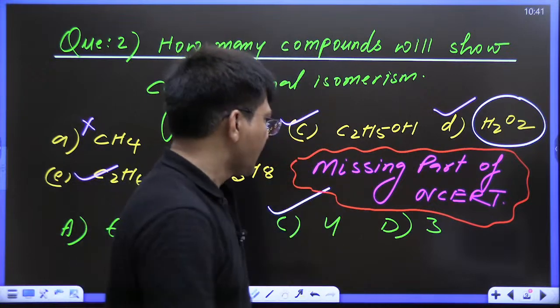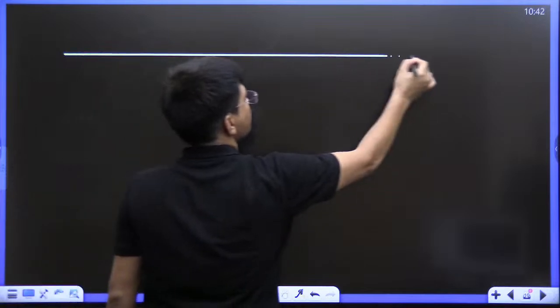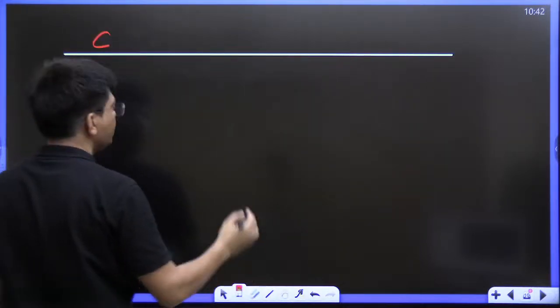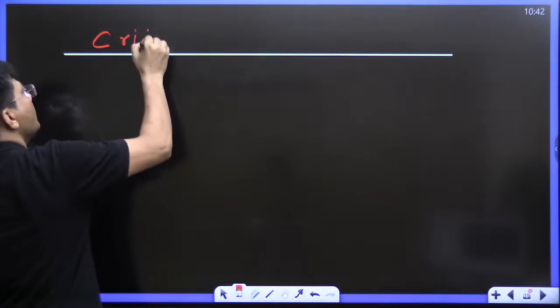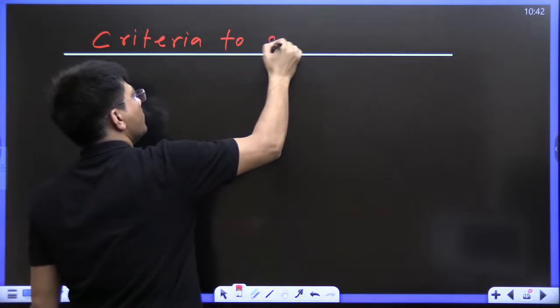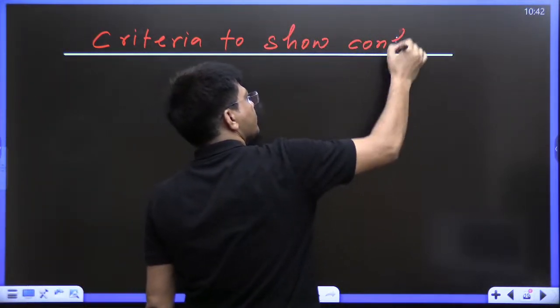Now see, criteria to show conformational isomerism.